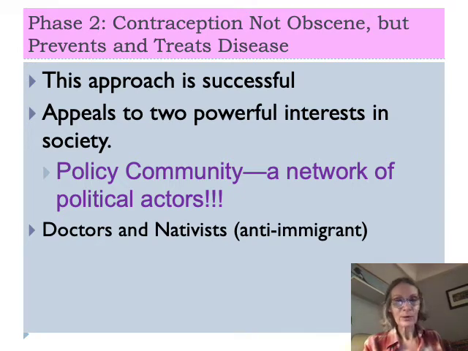The Margaret Sangers of the world, who wanted more birth control access in order to give more rights to women. Doctors who wanted more access to birth control in order to more effectively treat their patients. And nativists, those who are opposed to immigration in the United States because they wanted to keep the United States looking like the people who lived here in the original 13 colonies. They got on board too.